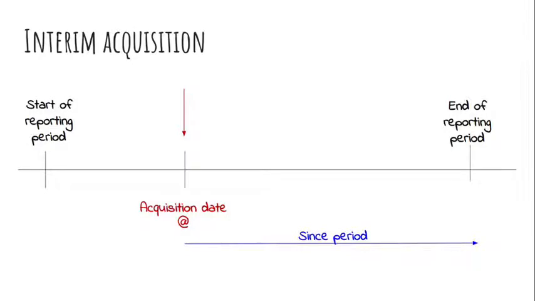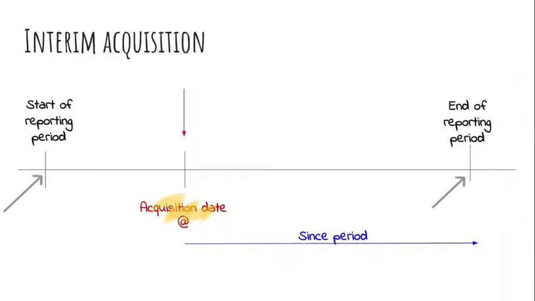To help you visualize what is meant by an interim acquisition, have a look at this timeline. You have now the start of the reporting period, and I'm specifically talking about the subsidiary, and the end of the reporting period. But now your acquisition date is no longer at the start of the reporting period, but somewhere during this year.